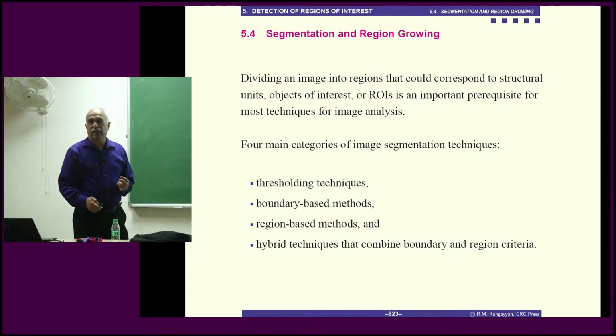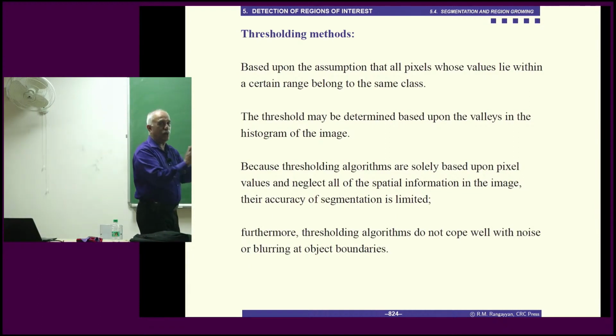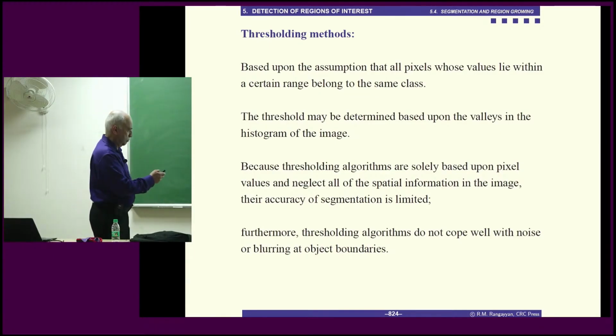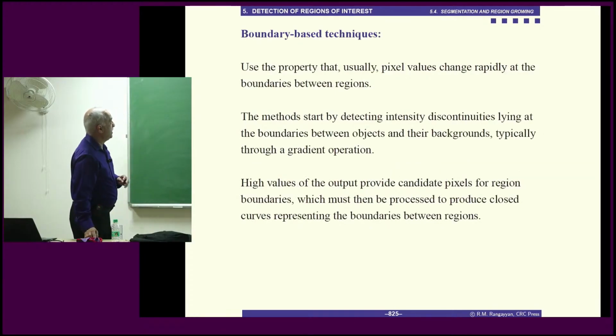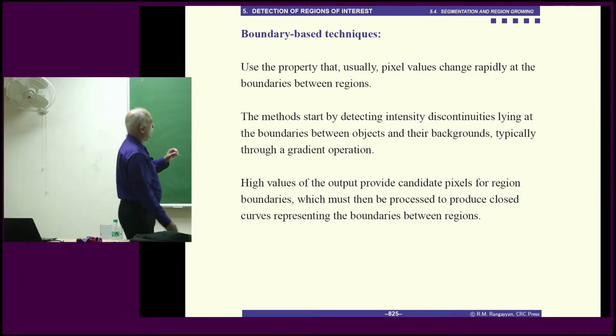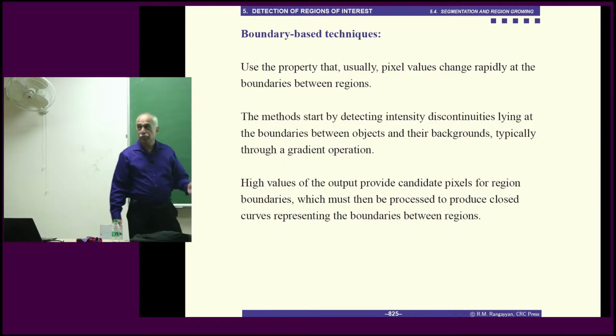Thresholding typically doesn't give you the best result. Thresholding methods are based upon the assumption that all pixels whose values lie within a certain range belong to the same class, but we saw it has serious limitations. Boundary-based techniques. Usually pixel values change rapidly at the boundaries between regions. This object and this boundary, this object and this boundary, this object and its boundary here, separating this from that.